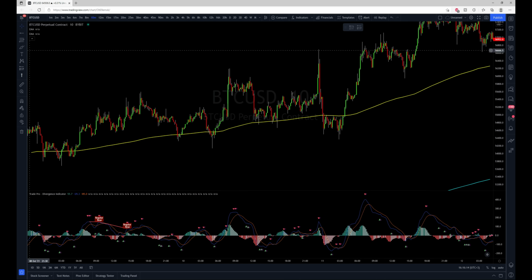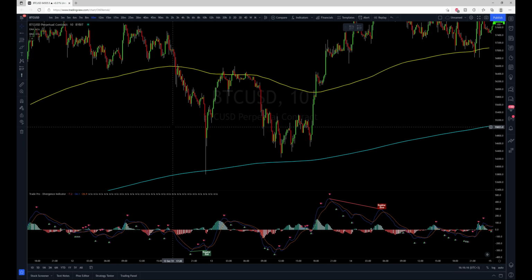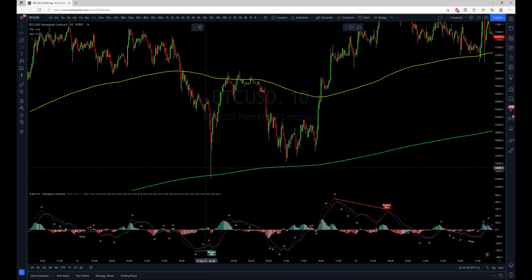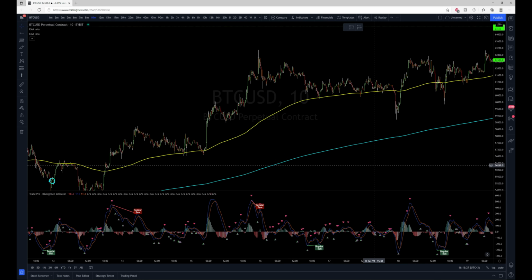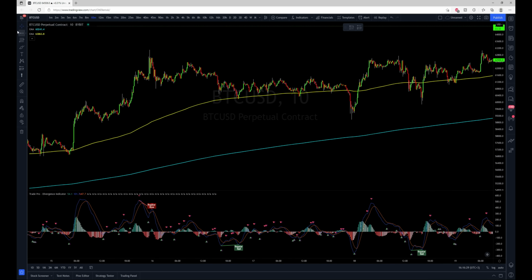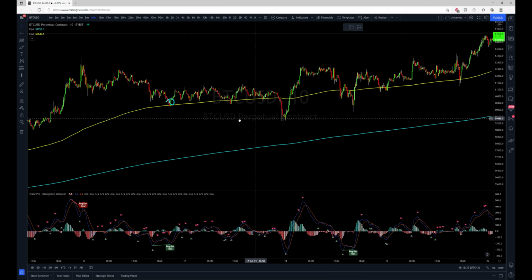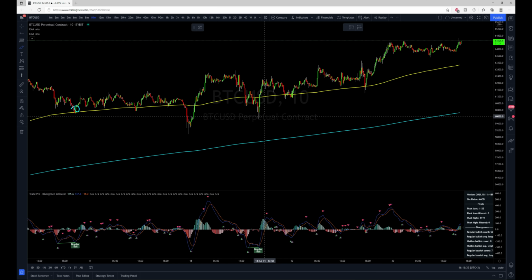So that's a buy position. And then we get another one, let's see, over here. On this candle, another buy position over here. And then we get another one over here, right here, and then another one over here.